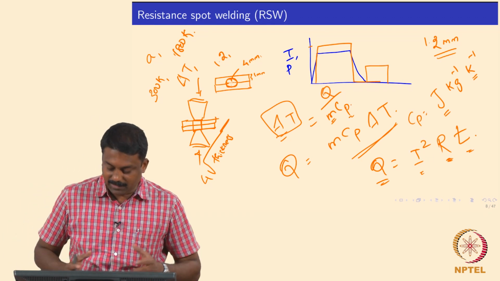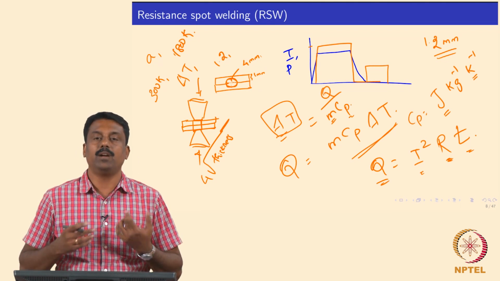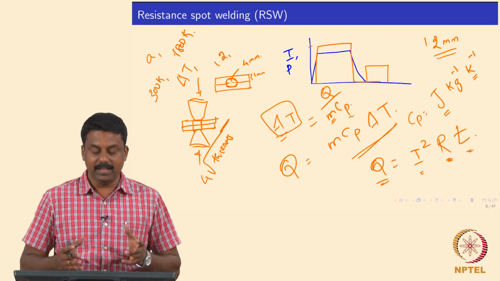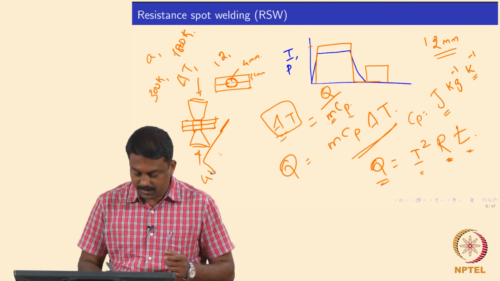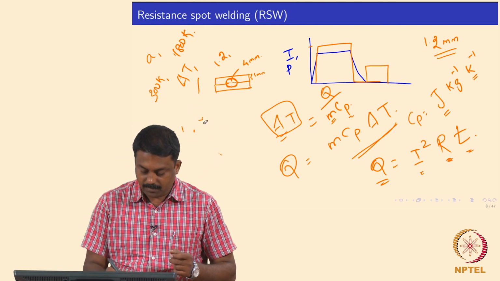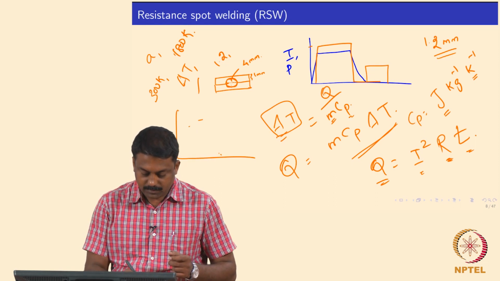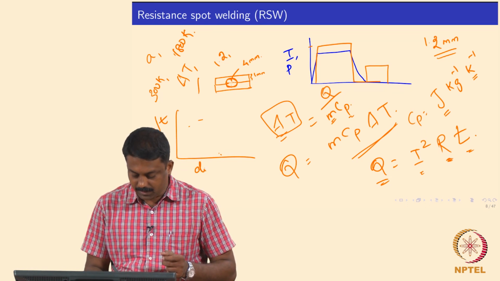Once you do all the calculations, we can also establish what are known as weld growth curves. A weld growth curve is plotted as a function of current or welding time, against weld nugget diameter.